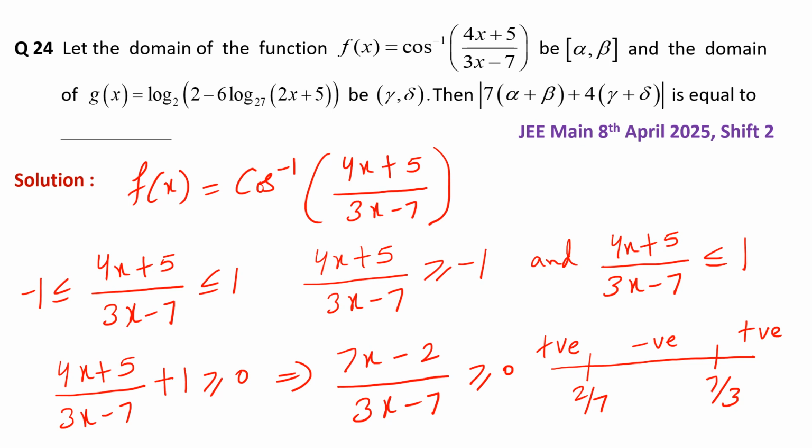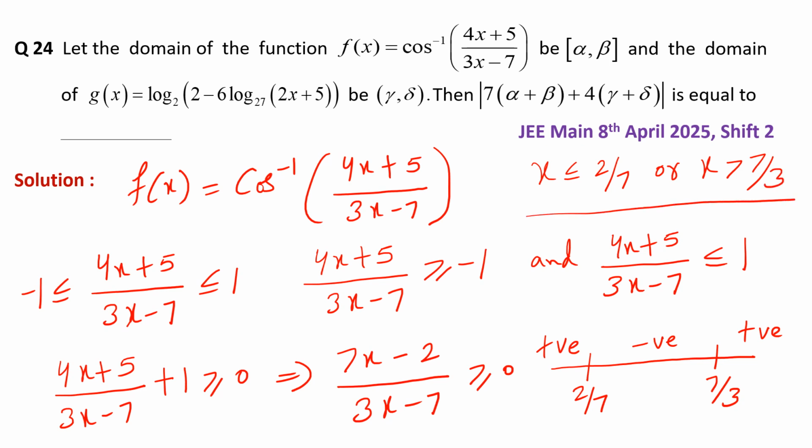Now when I apply wavy curve method, then the solution of this inequality becomes x less than or equal to 2 by 7 or x greater than 7 by 3.